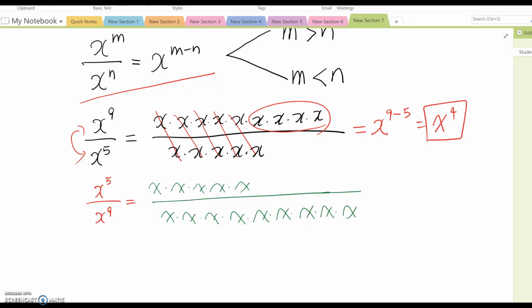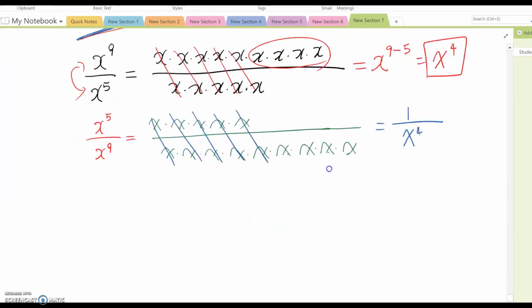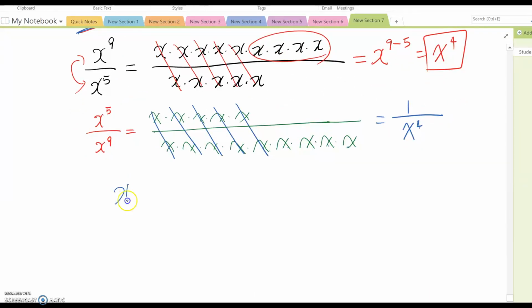Now you simplify that. Then it becomes 1 over 1, 2, 3, 4, so x to the fourth here. If you apply this property one more time, you can say this is x to the 5 minus 9, equal to x to the negative 4, so it becomes 1 over x to the fourth.